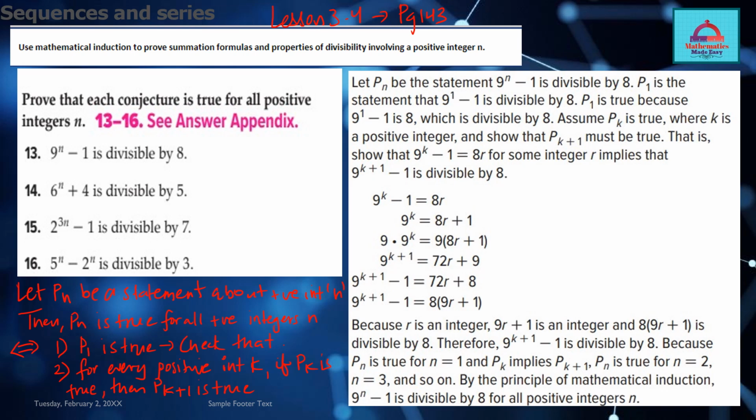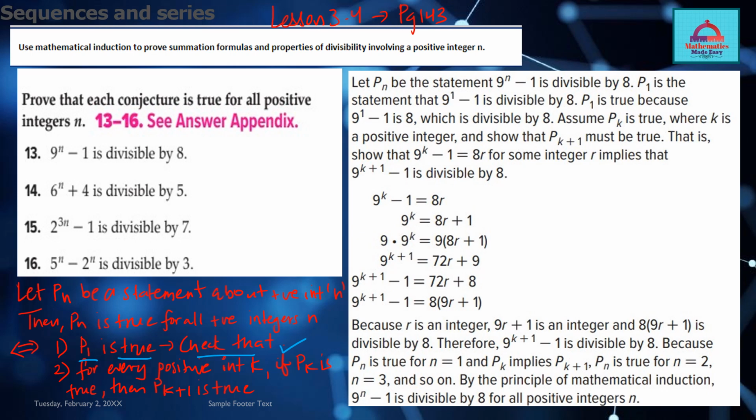This principle of mathematical induction is basically the principle that a conjecture can be proven true if you can show that something works for the first case, that is your base case or your anchor case. So this case is P1. We are going to check whether P1 is true or not. Once it is true, we can move to the second step and assume that it works for any particular case.